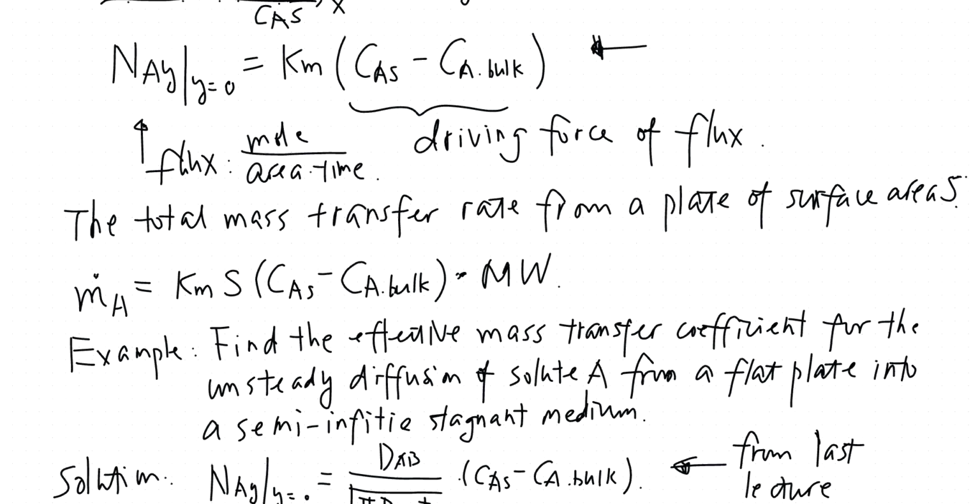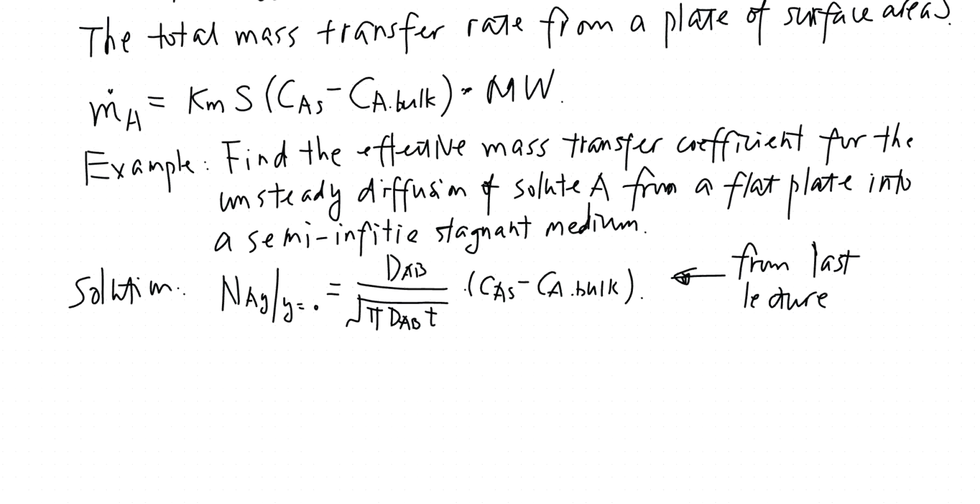Now this is the flux from the problem we know. Then you compare it, and you can get this is the Km. Or I should say this is the Km for this particular problem, where you have a flat plate and diffusion into a semi-infinite medium. If you have a different problem, you get a different Km.